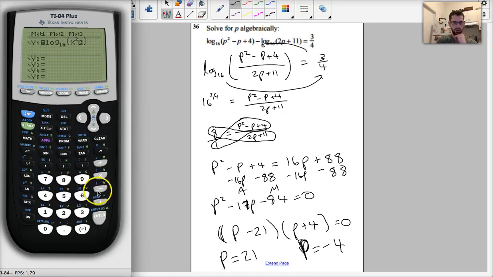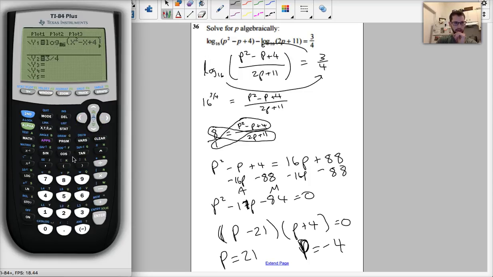So x squared minus x plus 4. All of this minus, excuse me, I need to do another log. Log base 16 again, and then this is 2x plus 11, and I want to know when it is equal to 3 over 4.